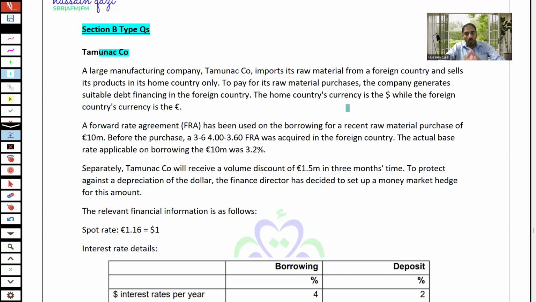Number 2, whenever you start a section B type question, I strongly suggest you read the case very carefully and first identify which area of the syllabus relates to this case study. And number 2, when you are attempting the 5 OTQs, apply the same rule I discussed in my previous video about section A type questions.